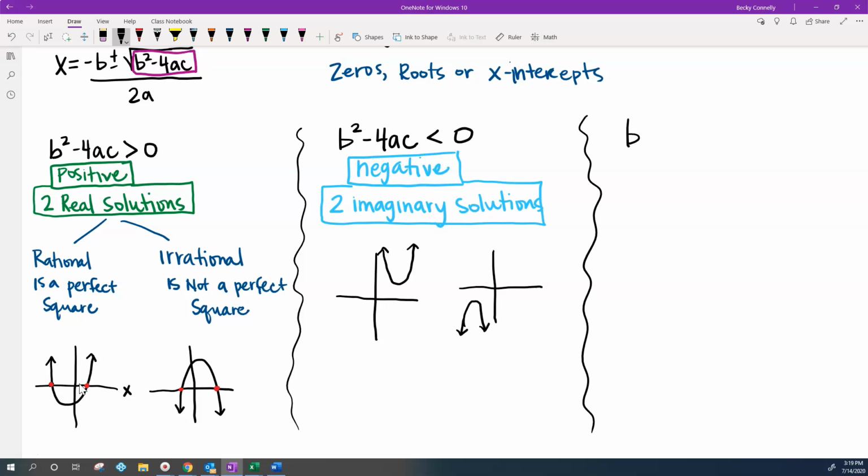Okay. All right. And then one other thing that could happen is we could have the discriminant, the b squared minus 4ac, equal 0. Well, when it equals 0, that means that there's going to be one solution. So let me write down here, if it equals 0, you're going to have one repeated solution, and I'll show you why.